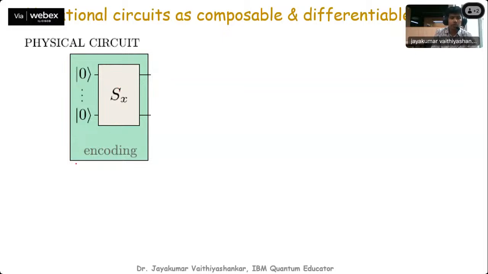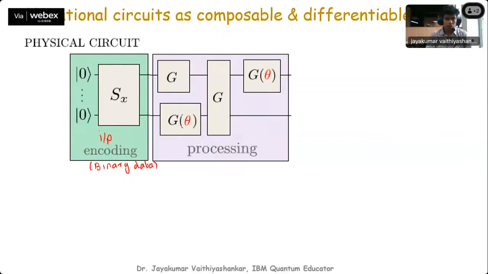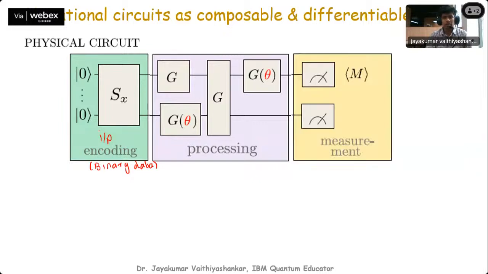You are able to encode your input data. Consider this is binary data. You need to encode the binary data with your quantum function, then do some quantum processing, then measure. Whenever you do measurement, your data is converted again into binary form.